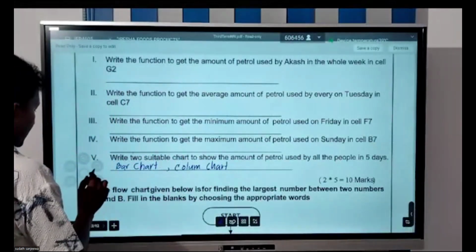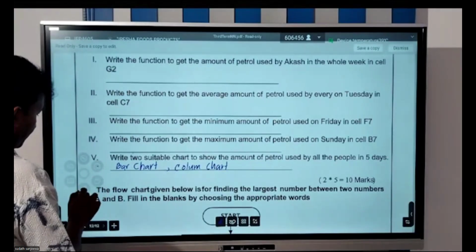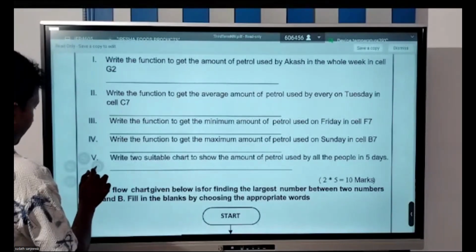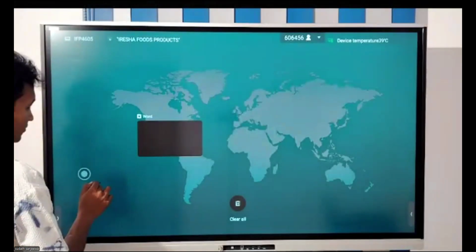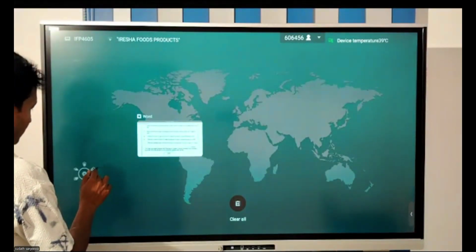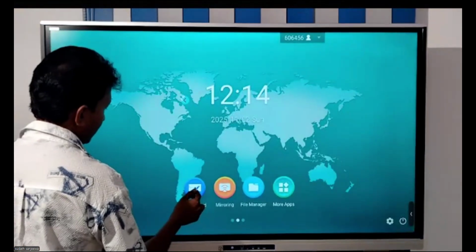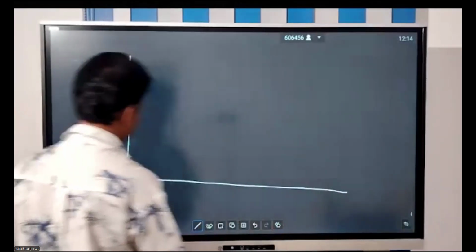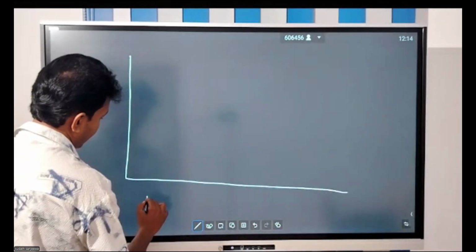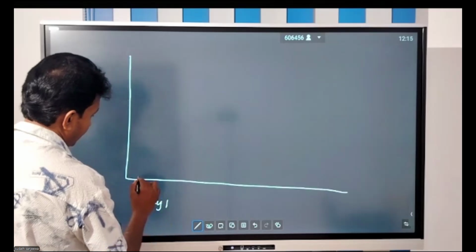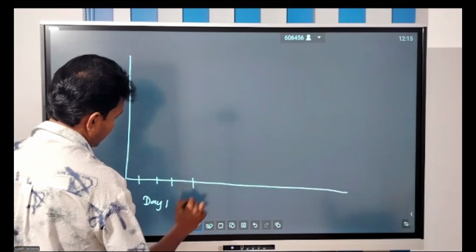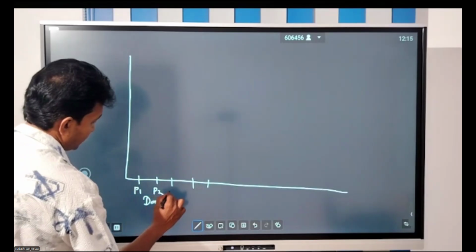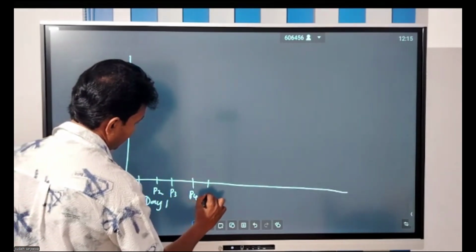දැන් මේකේ bar chart එකක් හරි column chart එකක් හරි ඇන්දුත් මෙන්න මේ වගේ එකක් එන්න පුළුවන්. Day 1: person 1, person 2, person 3, person 4, person 5.